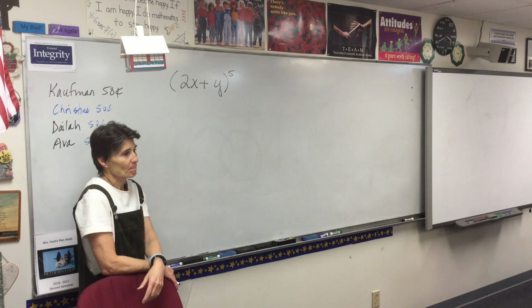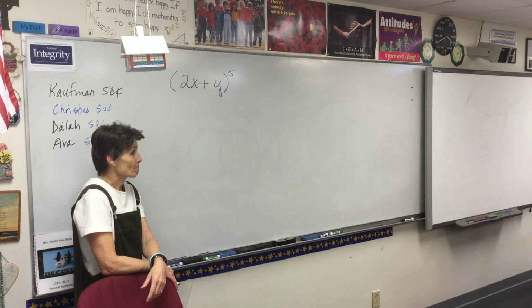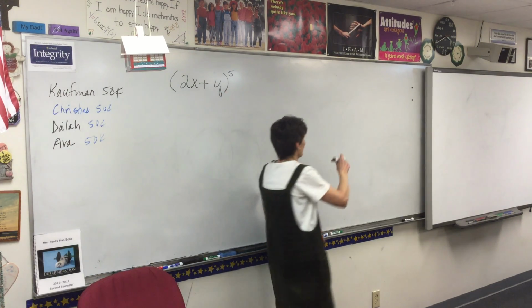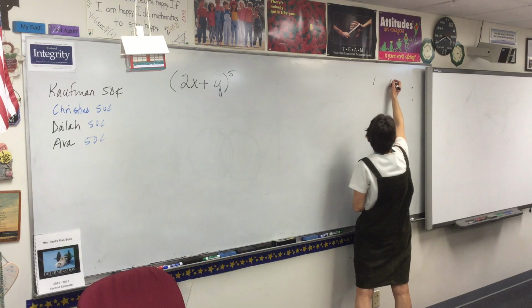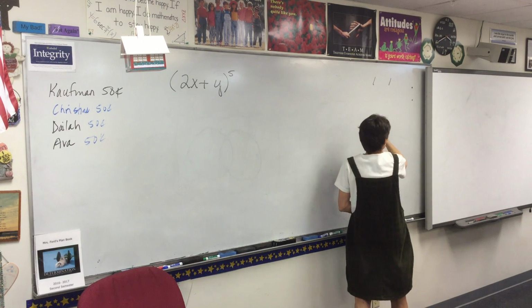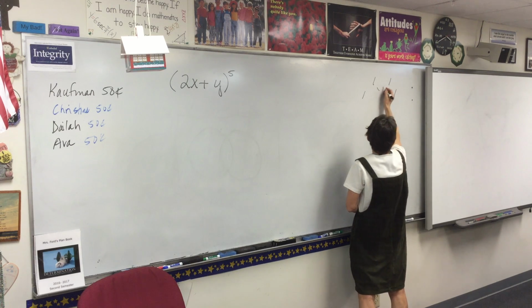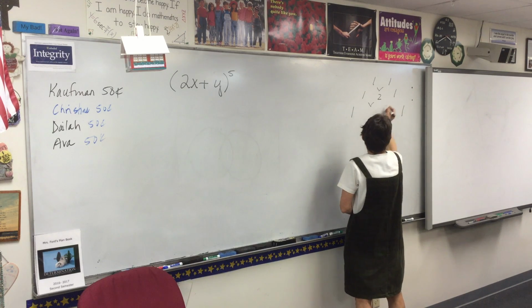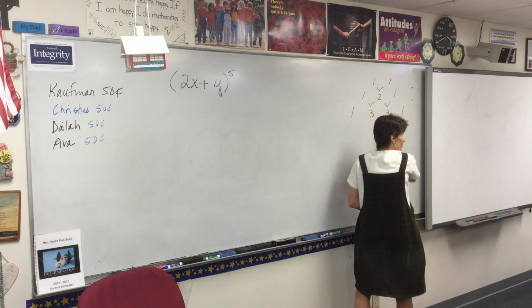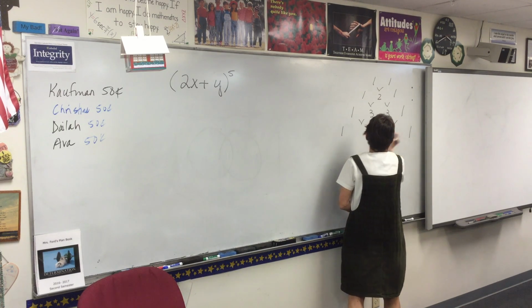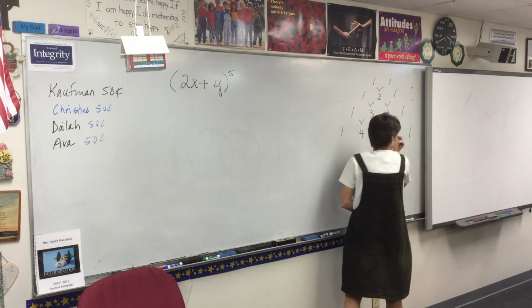Step 1. We're going to go to the 5th row of Pascal's triangle, right? I shouldn't have erased it, but I did, so I have to start over again. I start with 2 1s, then a 1 and a 1, and in the middle will be a 2, and then a 1 and a 1, and in the middle a couple of 3s, and then a 1 and a 1, and in the middle 4, 6, 4.